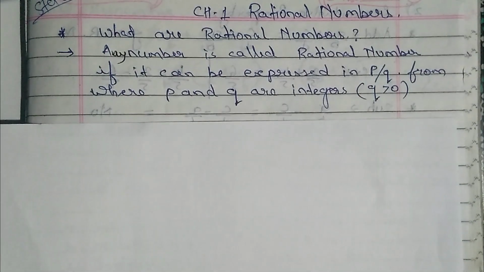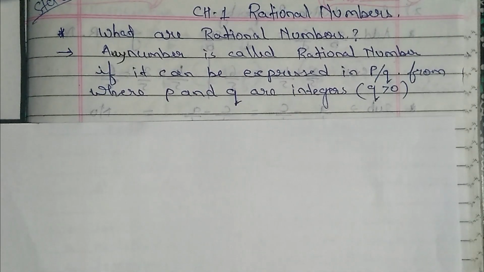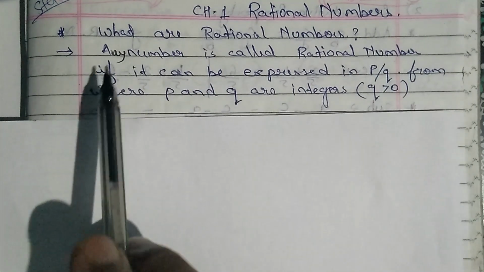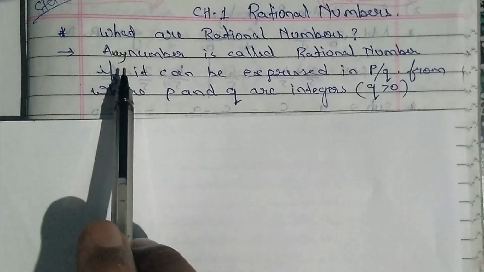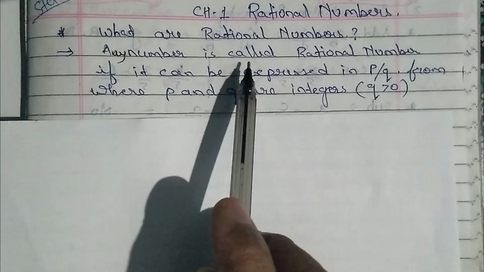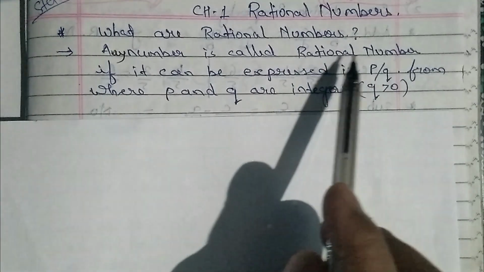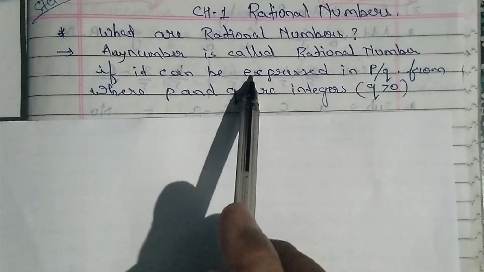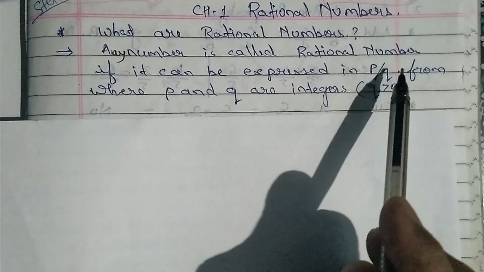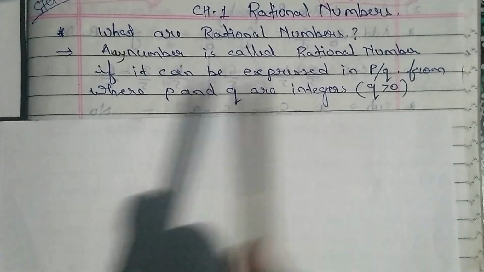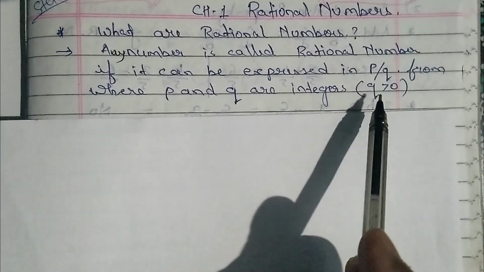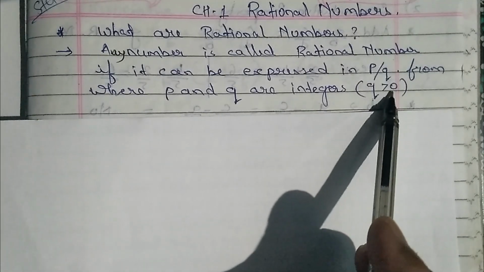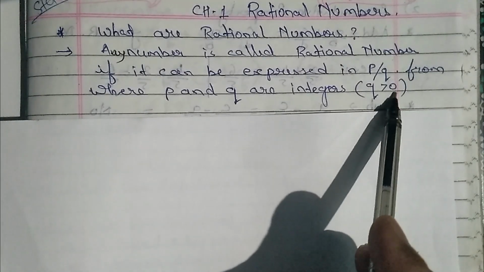So my dear friends, now we come to the definition of rational number. What are rational numbers? Any number is called a rational number if it can be expressed in p upon q form, where p and q are integers and q is always greater than 0.